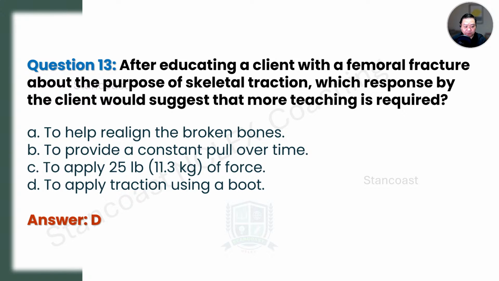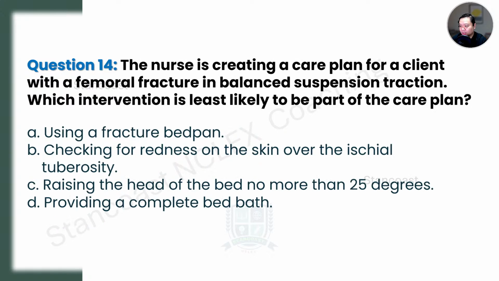Let's have number 14. The nurse is creating a care plan for a client with a femoral fracture in balanced suspension traction. Which intervention is least likely to be part of the care plan? A, using a fracture pan. B, checking for redness on the skin over the ischial tuberosity.